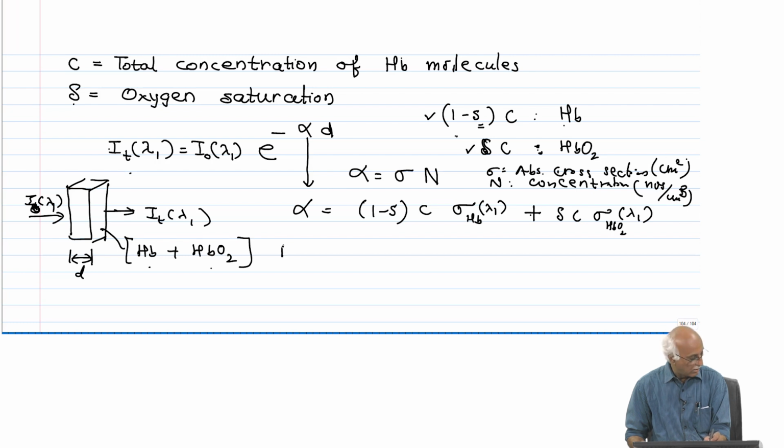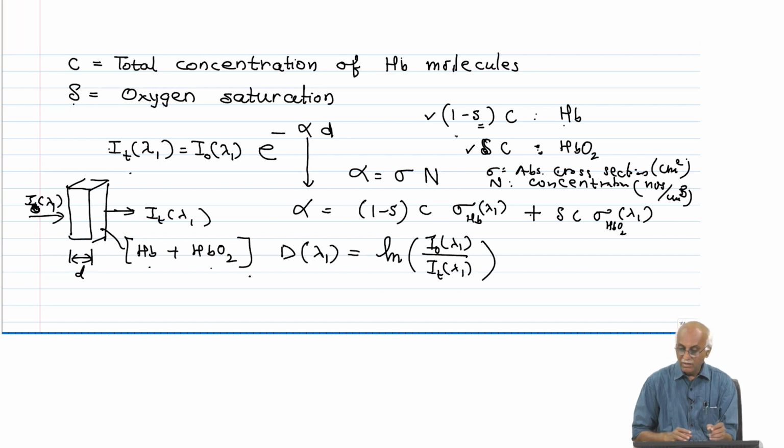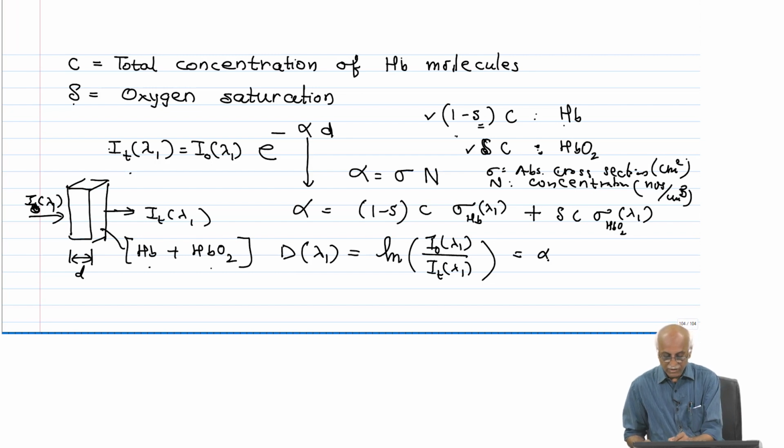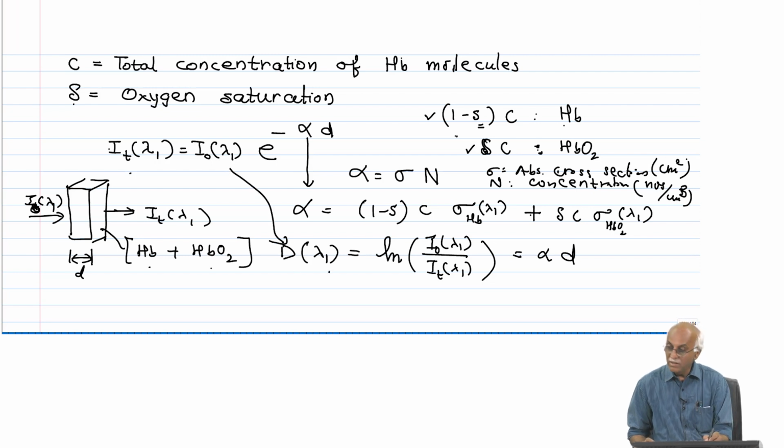D lambda 1 is equal to natural log of I_0 lambda 1 over I_t lambda 1. Using the earlier equation, D lambda 1 will be equal to alpha into D, correct? Automatically it will become equal to alpha D.